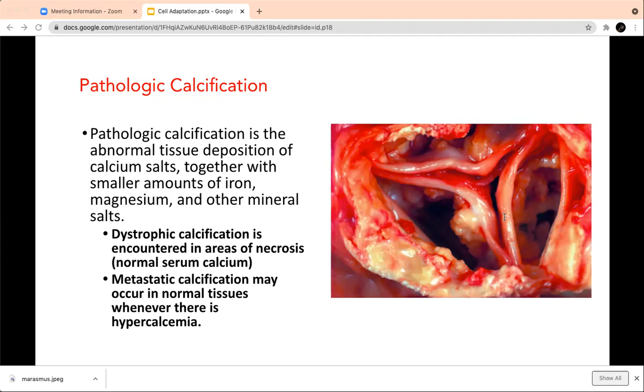All right, so in dystrophic calcification, normal yung serum calcium but present siya in dying tissues, in cell injury, and in necrosis. Next is your metastatic calcification. Again, itong pinagkaiba niya is that it can occur in normal tissues whenever there is hypercalcemia. All right?